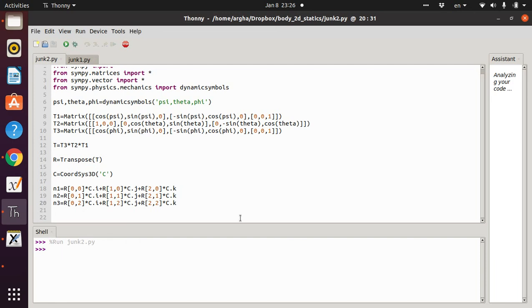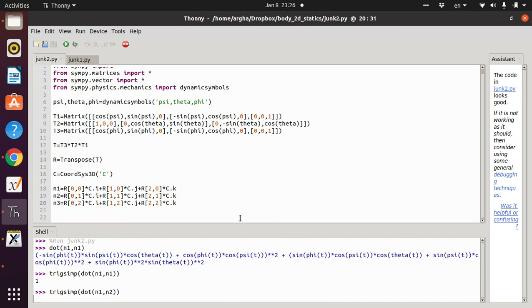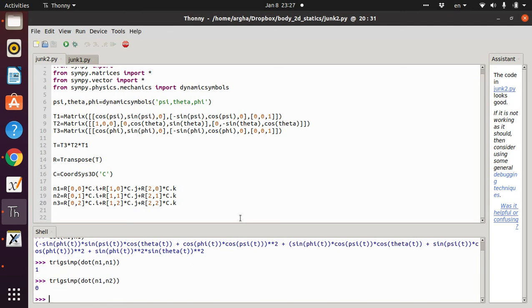now dot n1, so you get an expression like this, but you expect a value of 1. So you simplify using this trig simp. So this is 1, and you expect a 0 value here, and yes, you are getting 0.